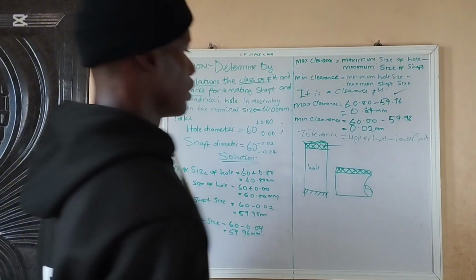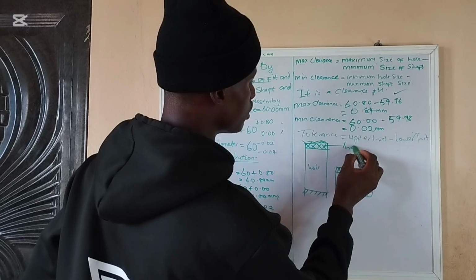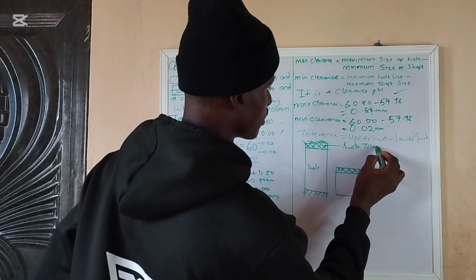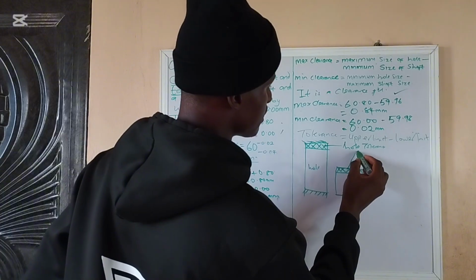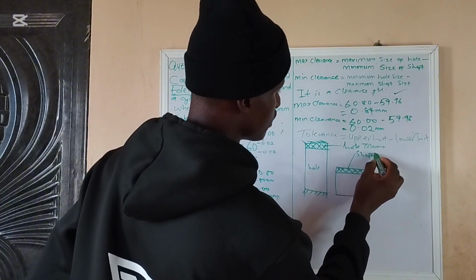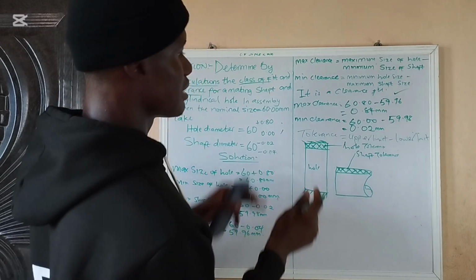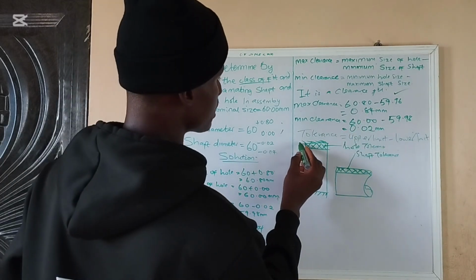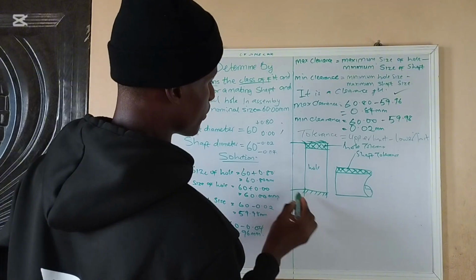This particular place here is the hole tolerance, and this particular place here is the shaft tolerance. That is the difference between the upper limit from here to here.